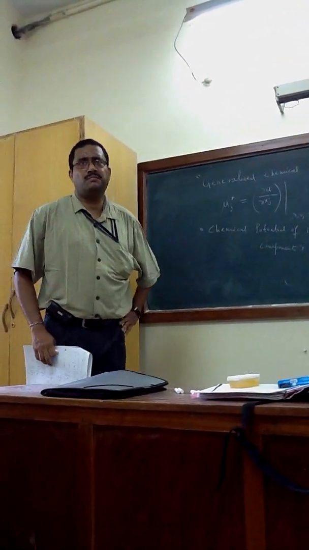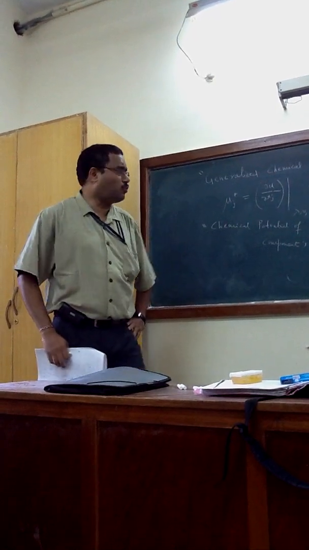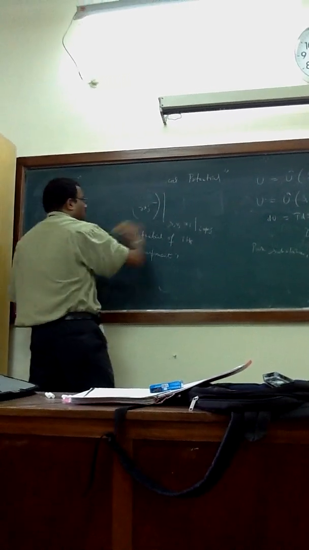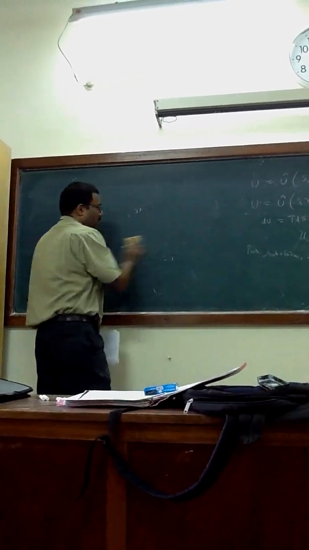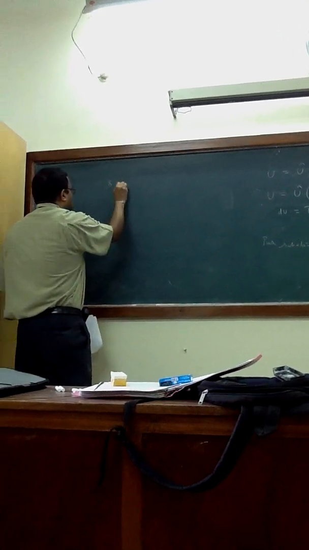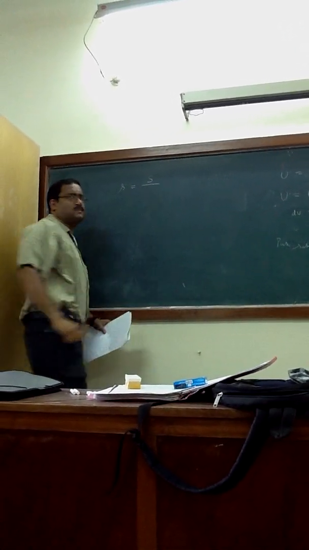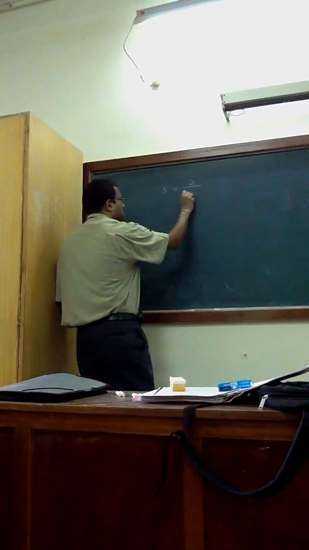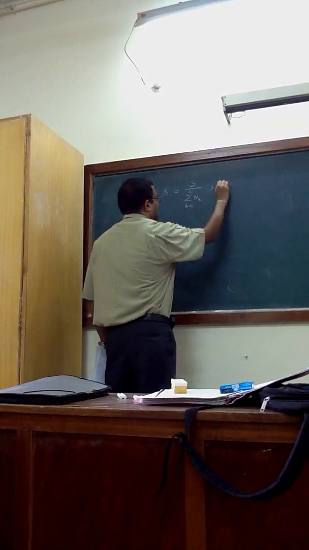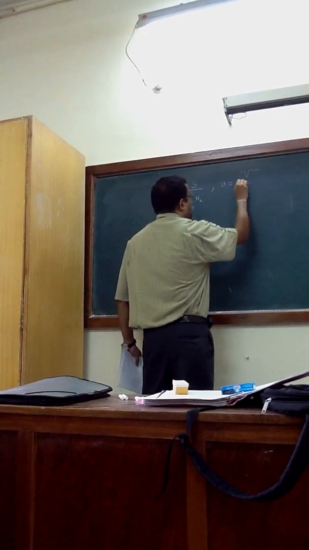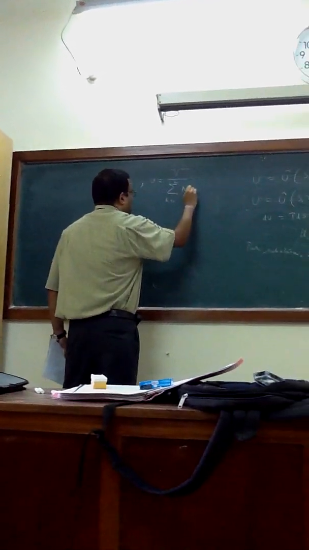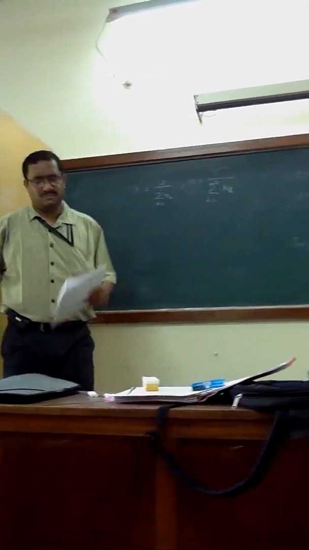How to prove this? So, how to define your small s? We define S by N. N is what? Summation k equals 1 to c of Nk. Small v is capital V over summation k equals 1 to c of Nk. Right?